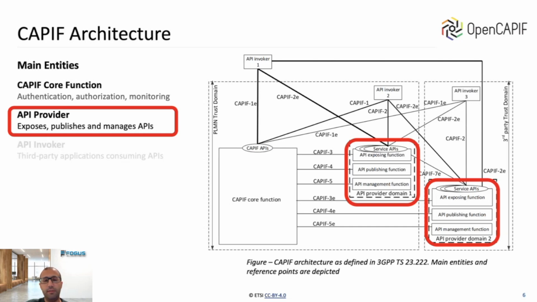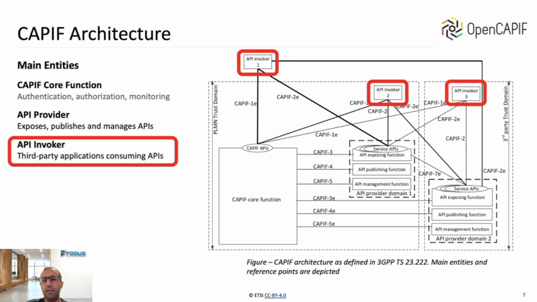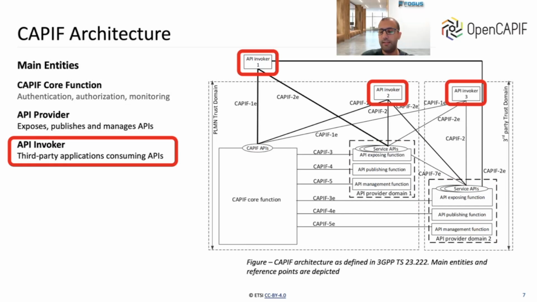The second important entity is the API provider, which hosts the API and gives access to it through the CAPIF. And last but not least is the invoker, the entity which consumes the APIs that the provider publishes.